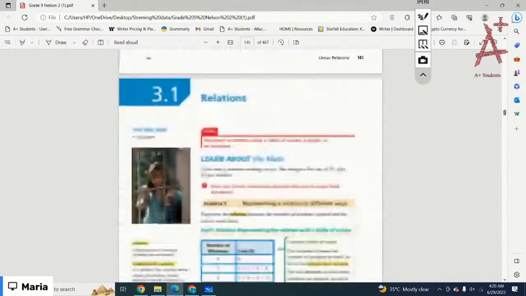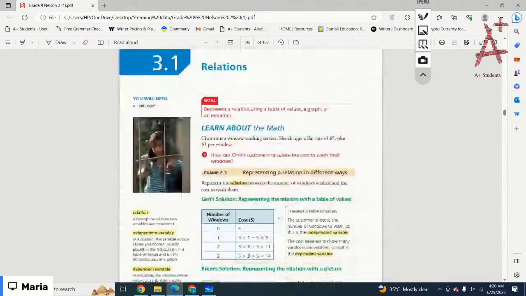Okay, the first one is relations. So what is a relation? A description of how two variables are connected.